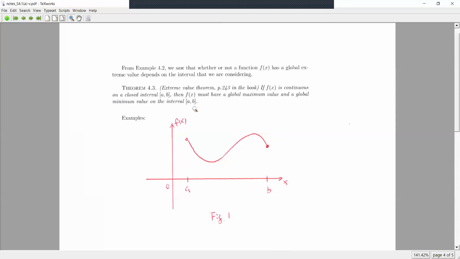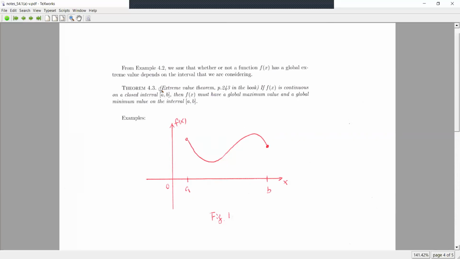You can test this theorem by arbitrarily drawing a continuous curve. Let me draw a continuous curve. The interval AB is a closed interval. At the point A, the function has a function value, say this solid point. At point B, the function has a function value, solid point here. The function is continuous.